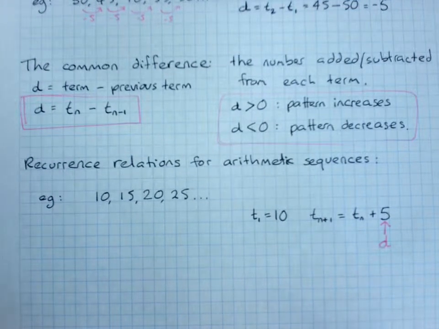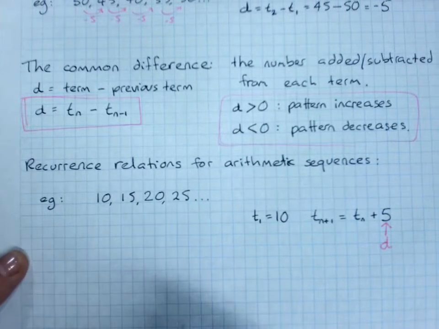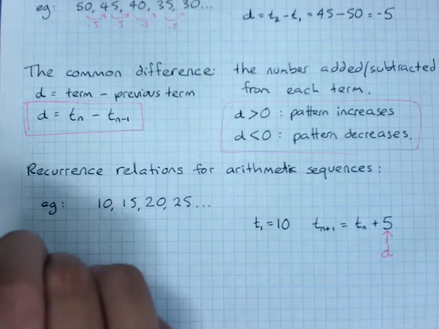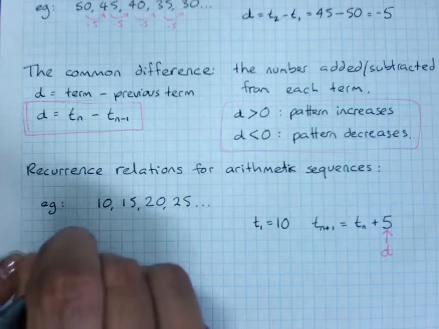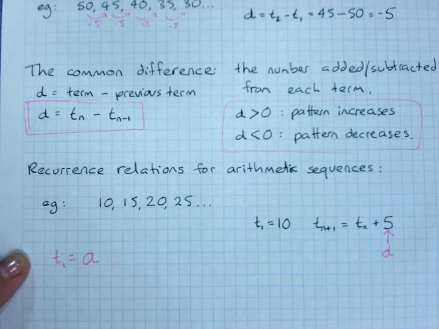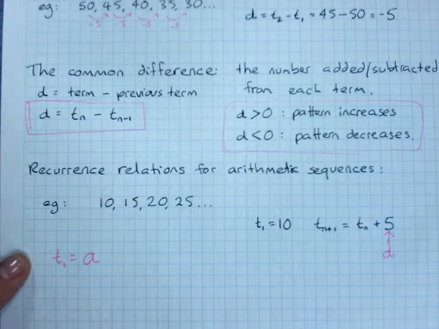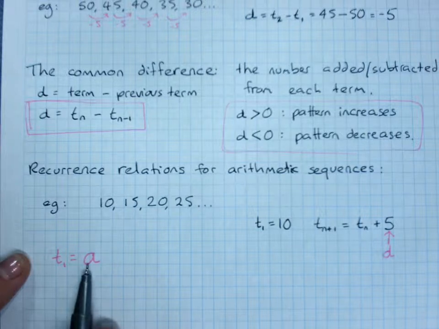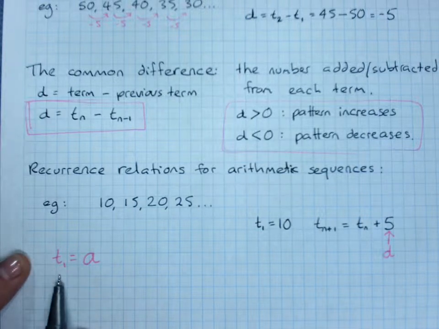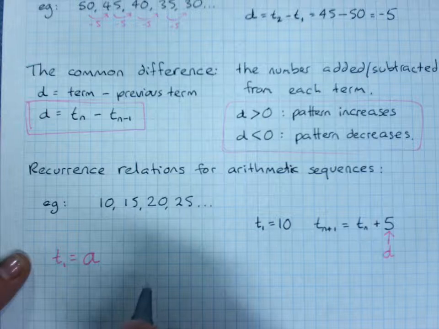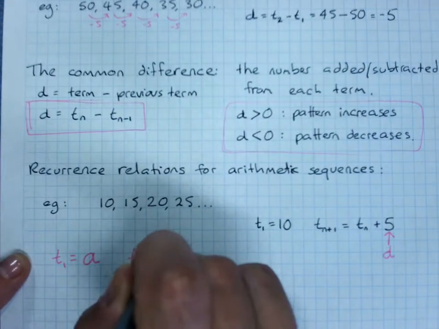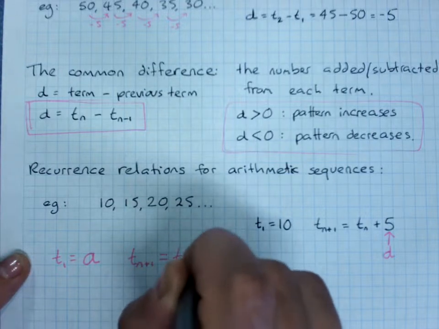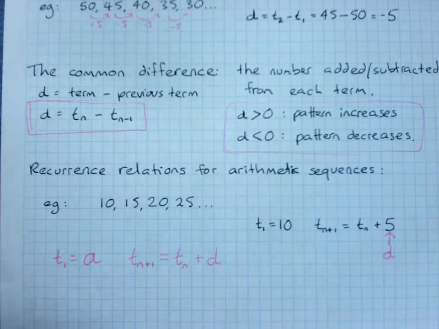And we're going to write a general form of an arithmetic sequence. We'll always have the rule T1 is the starting number, and we use A for the starting number. So the first term is often known as A, and that's the same as T1. And the rule is Tn plus 1 equals Tn plus the common difference.